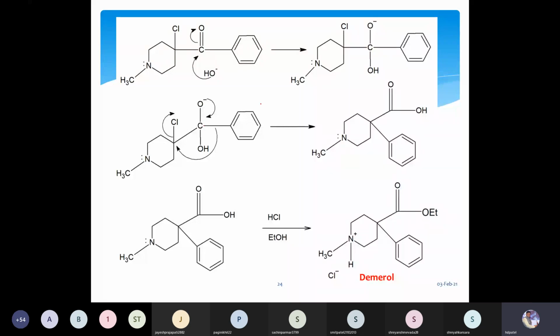That's why this group will be eliminated, but it will be migrating from this position to this position because here the halogen is attached, and halogen has a tendency to pull electrons, so the group will migrate from here to here, and as a result we will get this product. After that, by treatment with HCl and ethanol, we can convert it into a hydrochloride salt, and this can act as a pharma product API.